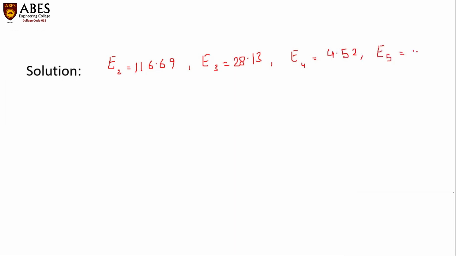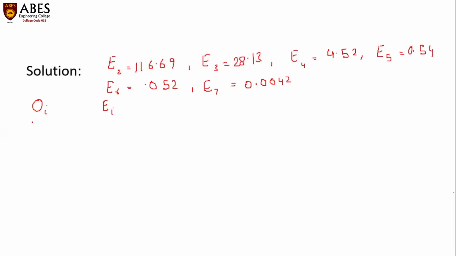E5 equals 0.54, E6 will come out as 0.052, and E7 will be equal to 0.0042. Now look carefully. Now we just have to make the table for OI and EI, right?